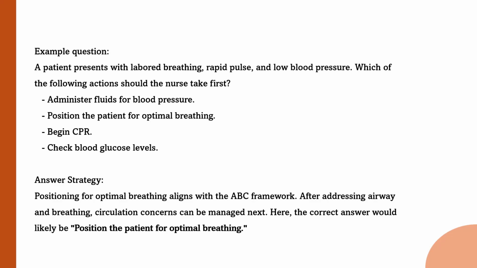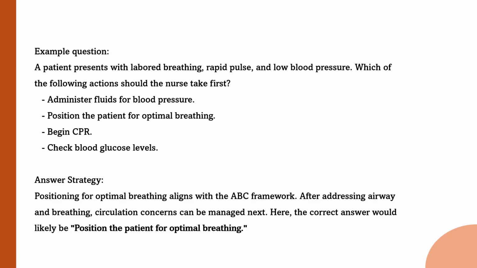Check the blood glucose level. I don't see the patient as someone that needs blood glucose checked. So let us say we are taking off begin CPR and check the blood glucose. Right now you can see administering fluid and positioning the patient can solve two things right here. But we need just one correct answer.